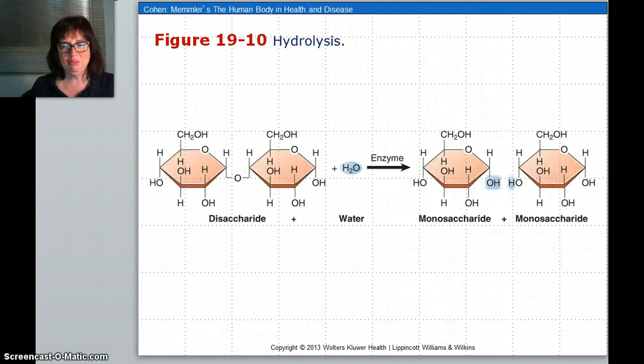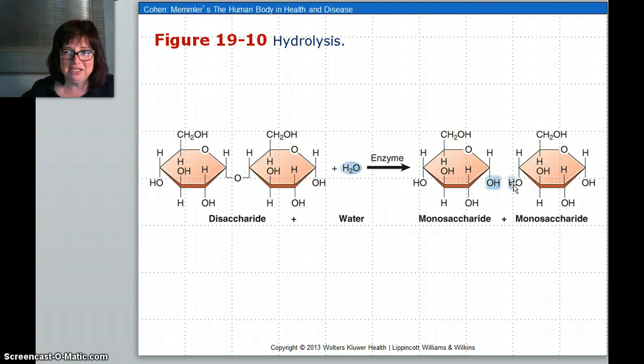Now, the way things are broken down is by the process of hydrolysis. So this is a disaccharide, or a complex sugar molecule. Each one of these weird shapes, hexagons, is a glucose molecule or a monosaccharide. Water comes in with the enzymes and breaks this bond, and it will put an OH on one sticky end and an H on the other.